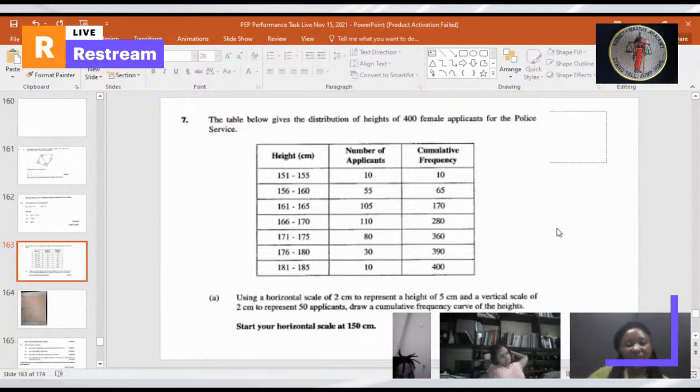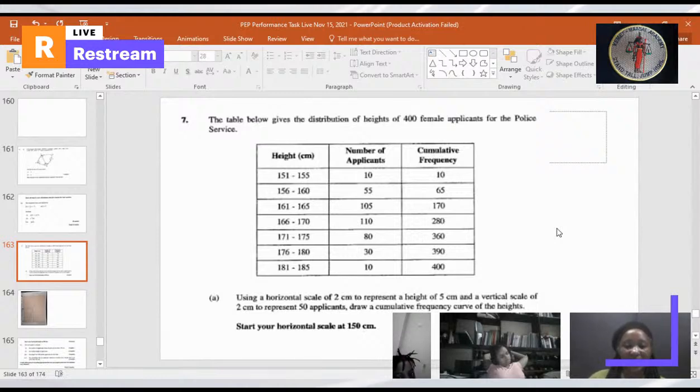So the categories for the height: 151 to 155 centimeters, 156 to 160 centimeters, and so on. And it goes up to 185 centimeters. That's the height of the applicants, and the number of applicants.